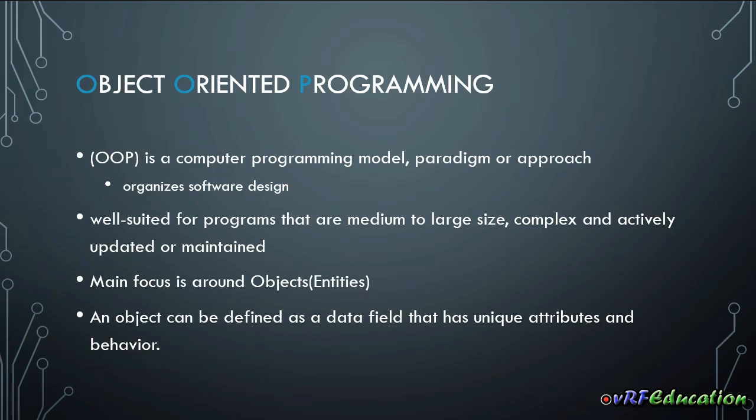By software design, we mean the basic structure of the program and the relationship between different parts of the program. And in this paradigm, we focus on objects or entities inside our application domain, rather than focusing on functional logic, in comparison to the older methods.